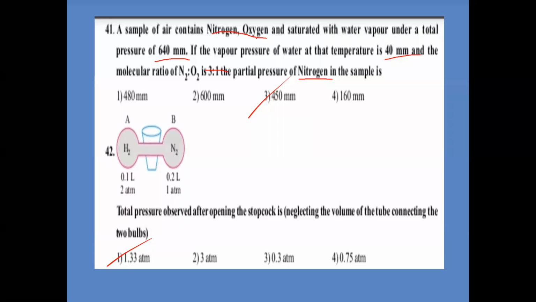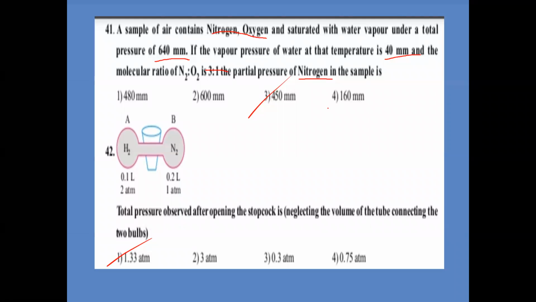Dry gas is nothing but nitrogen plus O2, and water vapor is the aqueous tension. According to Dalton's law, moist gas pressure is equal to dry gas pressure plus pressure of water vapor. The pressure of water vapor is called aqueous tension.